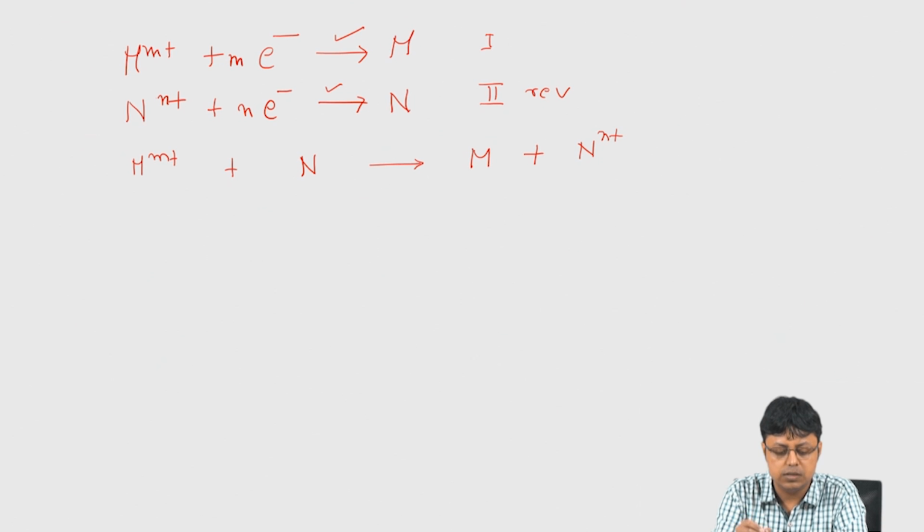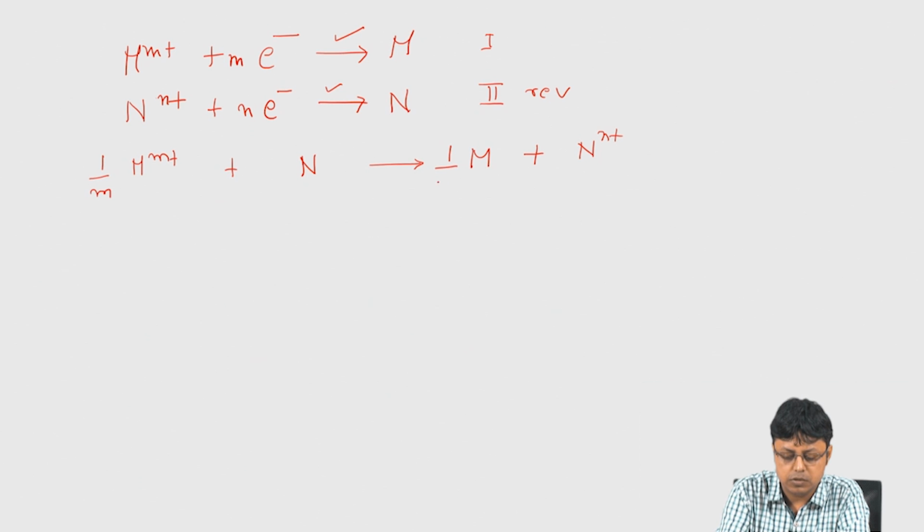What we can do is divide the top reaction by m and the second reaction by n, so that the number of electrons exchanged are equal. So, we could write 1 over m here, and 1 over n here.